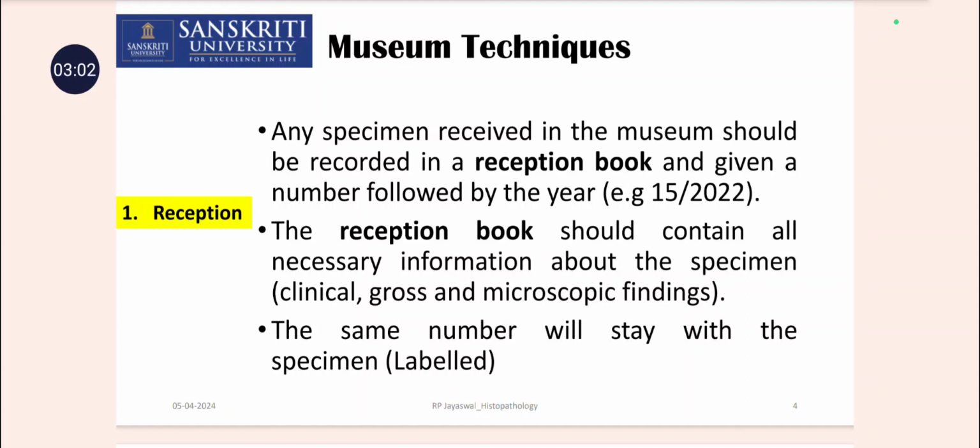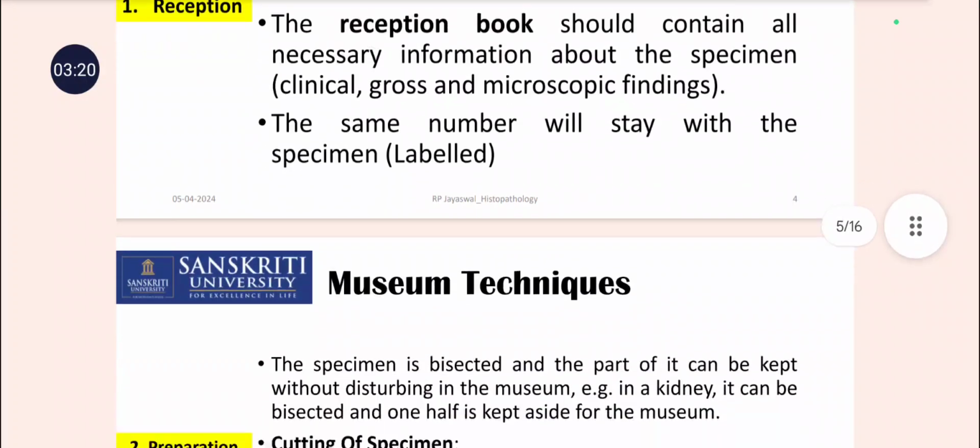Sometimes microscopic findings can also be kept, like the type of cells found in this type of sample. The same number stays with the specimen, labeled, so the number is tagged with the specimen.